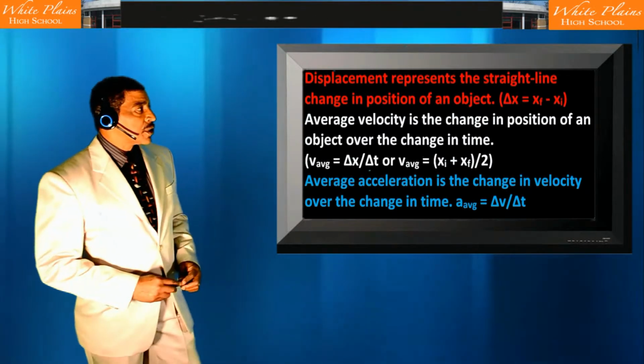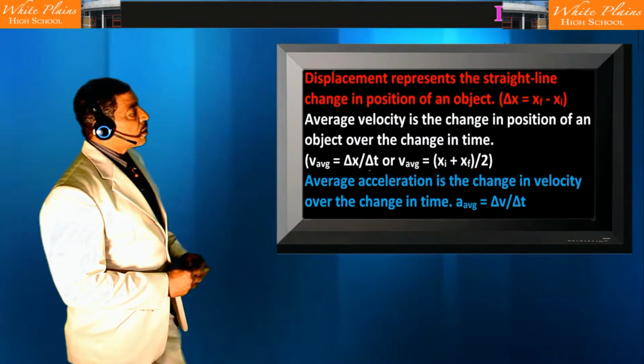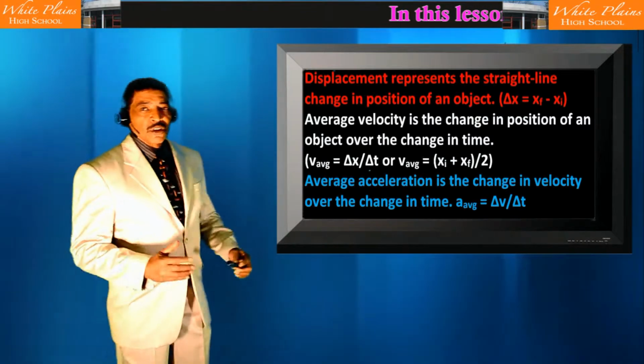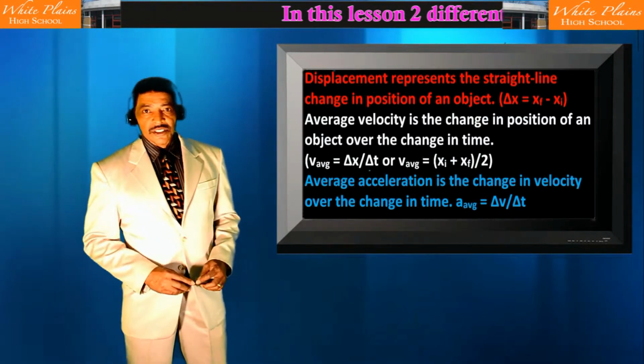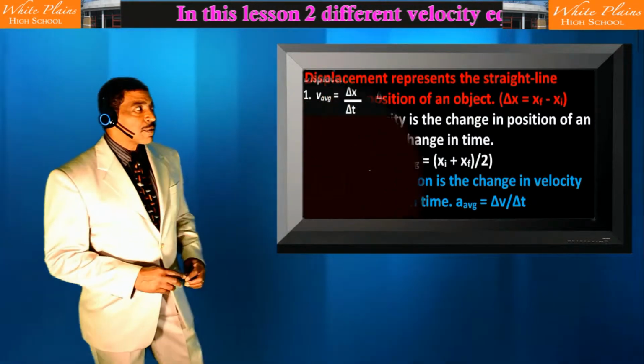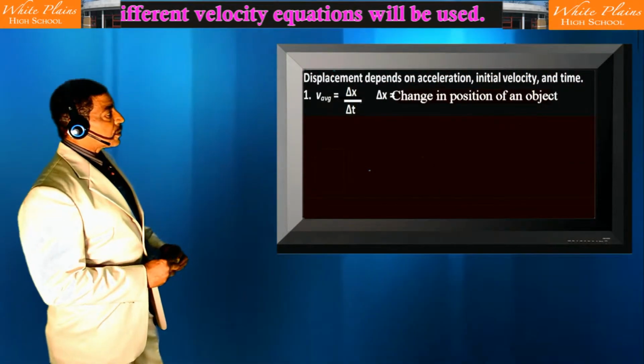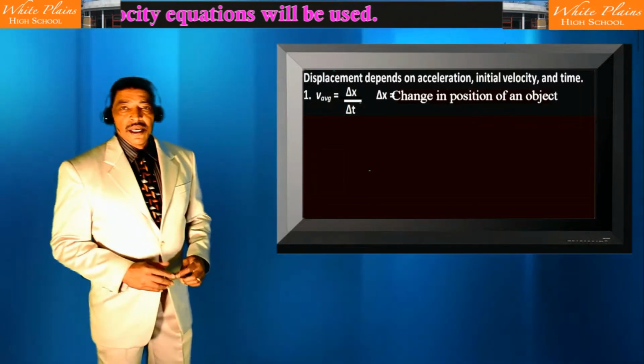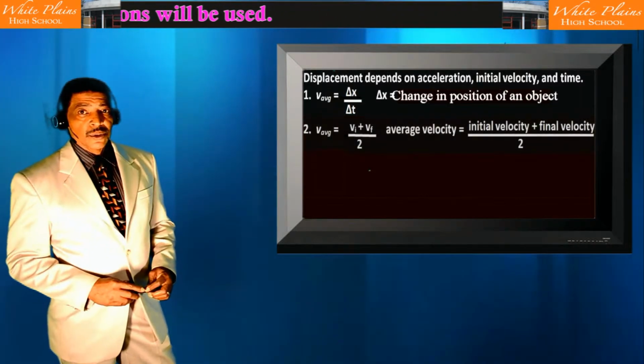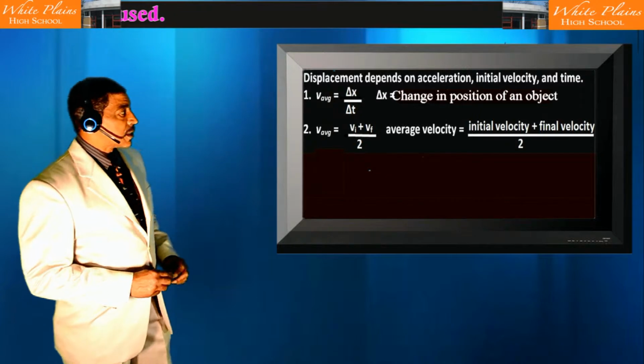It is possible to use the two equations for average velocity to determine the equation for displacement. Consider the following. Average velocity is equal to delta x divided by delta t, where delta x is equal to the change in position of an object.